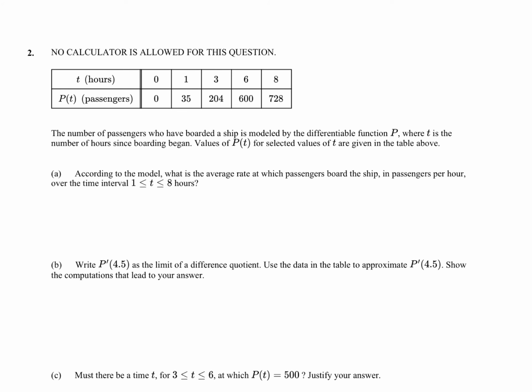For part A, they say according to the model, what's the average rate at which passengers board the ship in passengers per hour over the time interval 1 to 8. Remember, every time you see average rate, this is the slope formula.